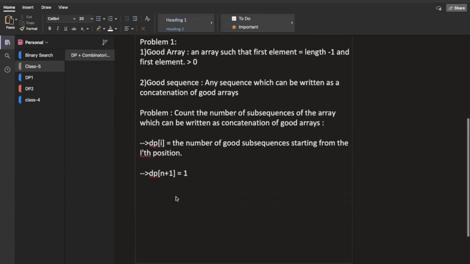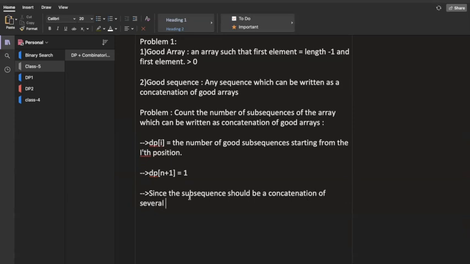All right. So since the subsequence should be a concatenation of several good arrays, we know that our subsequence is starting at a[i], right? So we will iterate on the starting of the second good array of the subsequence.